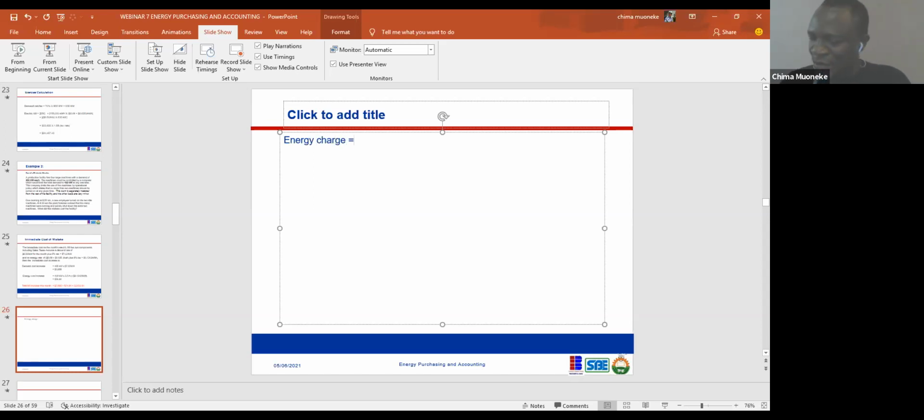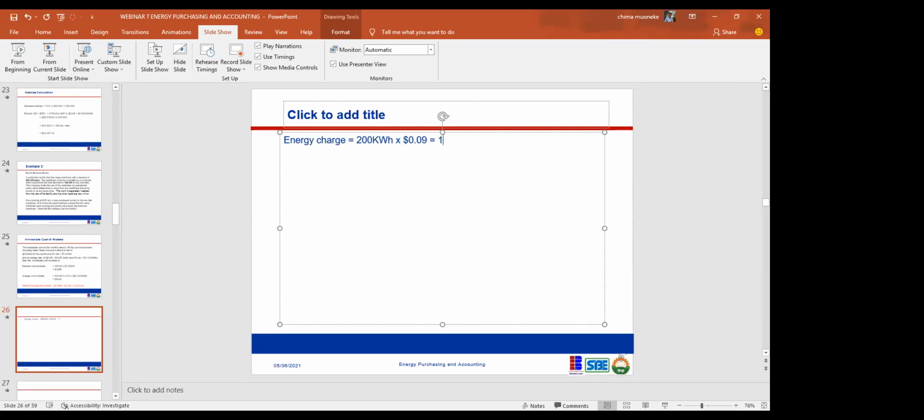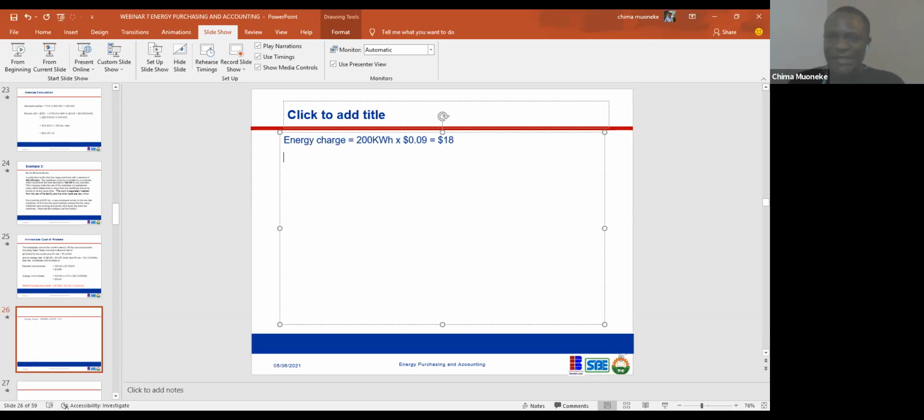The extra energy consumption is 200 kilowatt hours, times the unit of energy, which is 0.09 dollars. And when we did that, we got $18. So that is the energy charge.